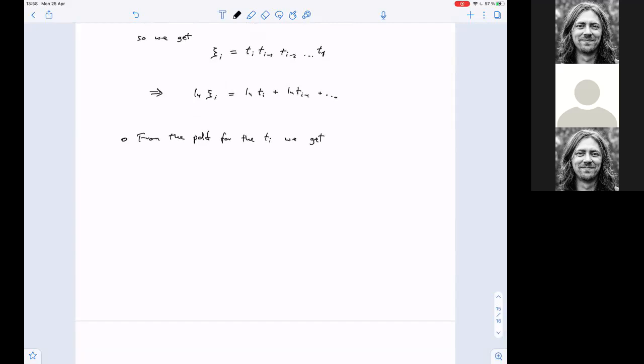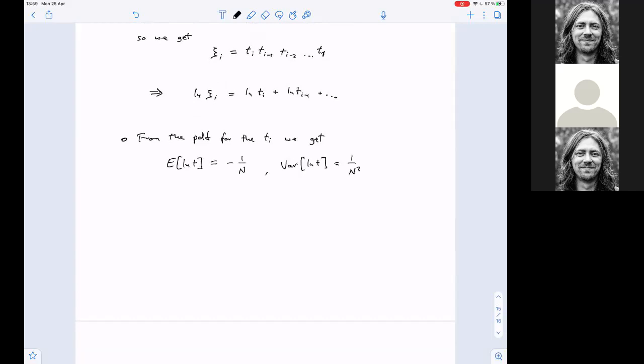So what's the expectation value for ln t? For one of these terms in the sum, the expectation value for that logarithm is minus 1 over n. And the variance for the variable ln t will be 1 over n squared.